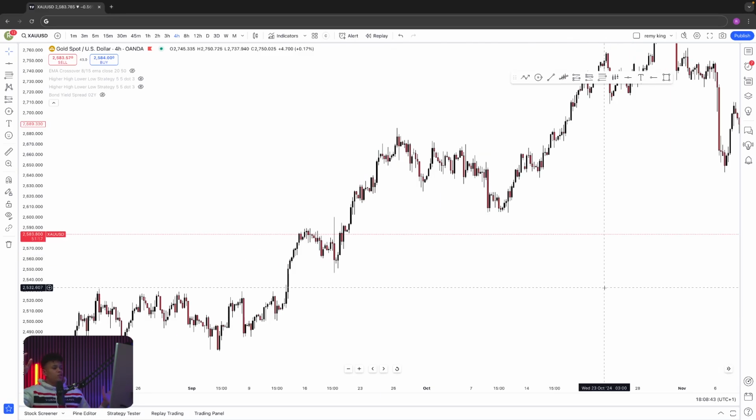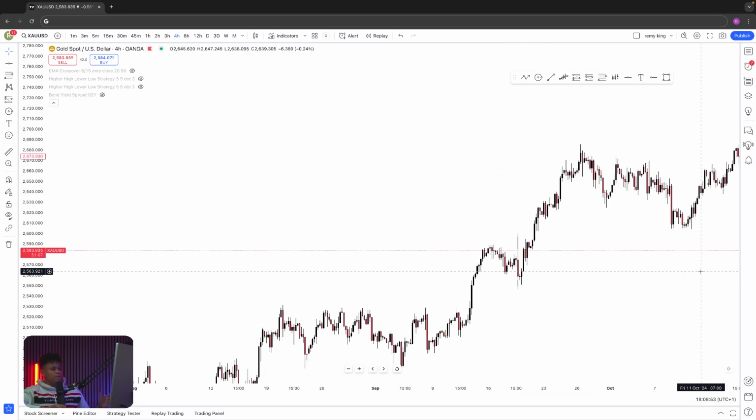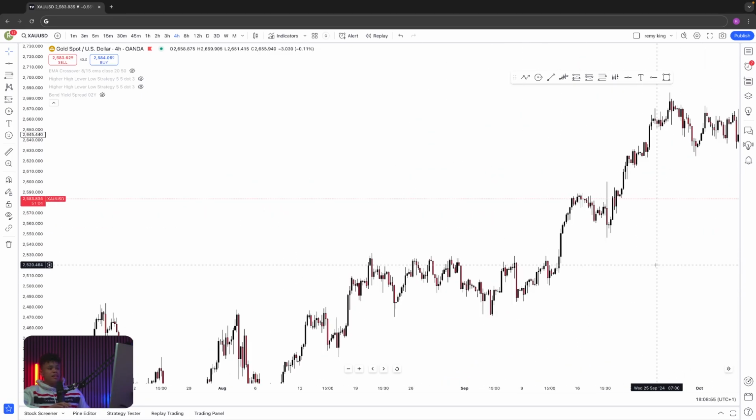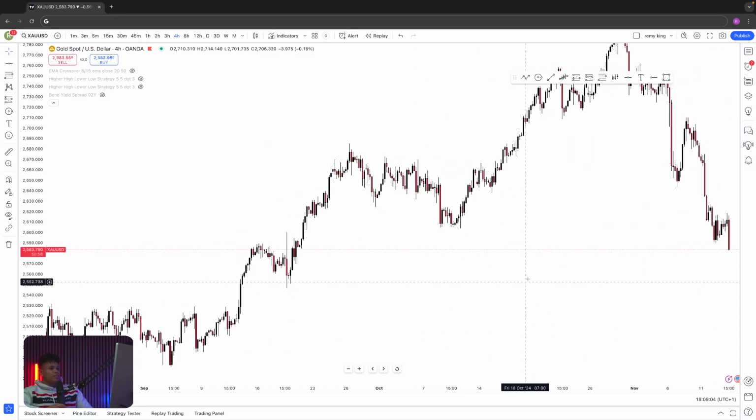So first things first, what we need to look at is we want to identify either a support or resistance area on the chart. In this example, let's stick to the resistance areas, okay? We want to identify as many resistance areas as we can on the charts.